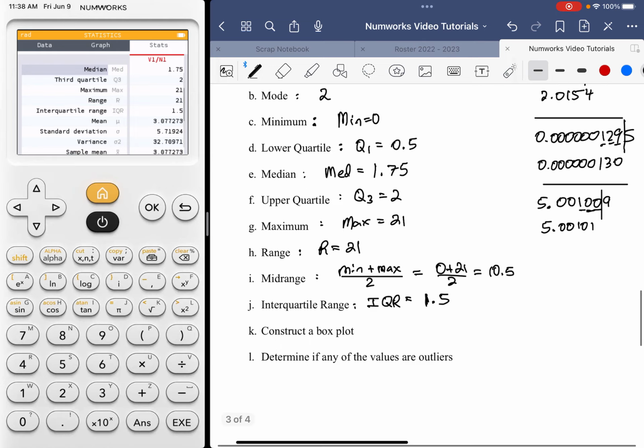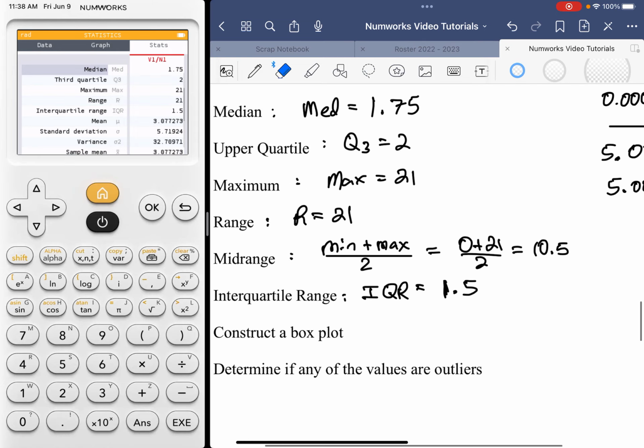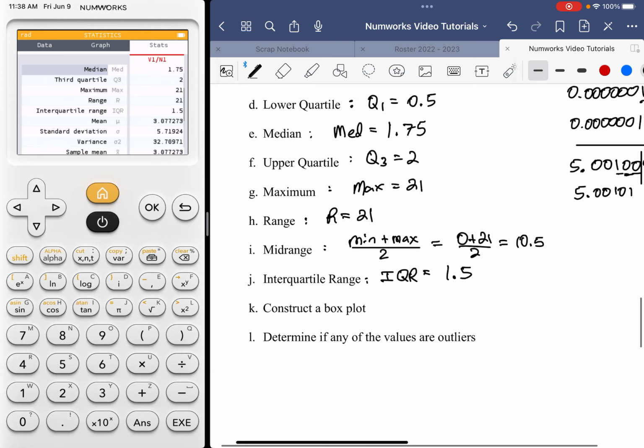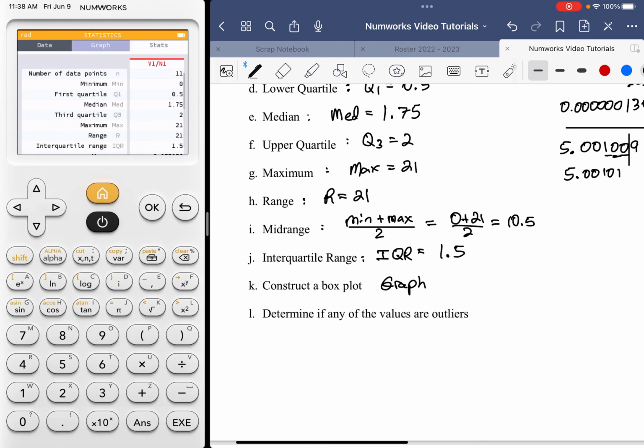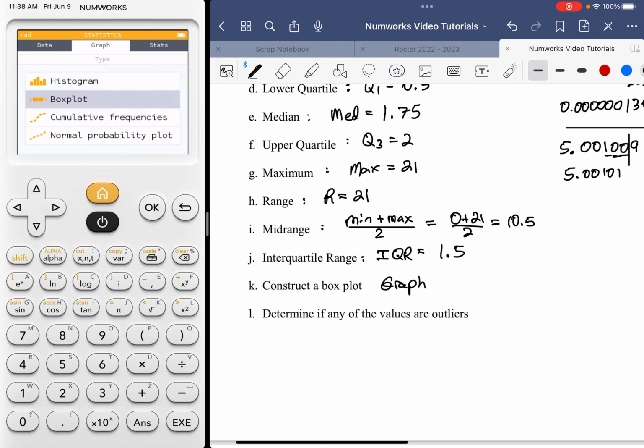Construct the box plot and determine if there are any outliers. All right, that is actually, with either calculator, pretty easy to do. So what we do is we go to graph. Select the one that says box plot.